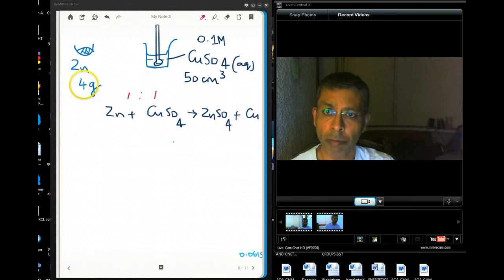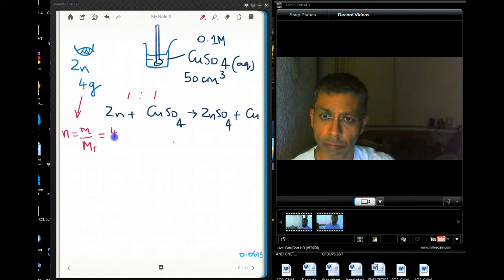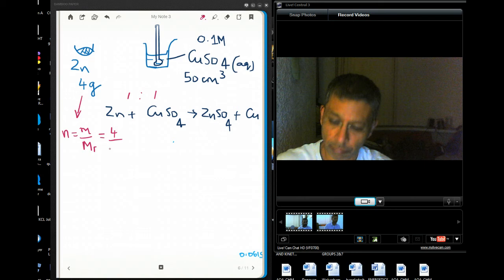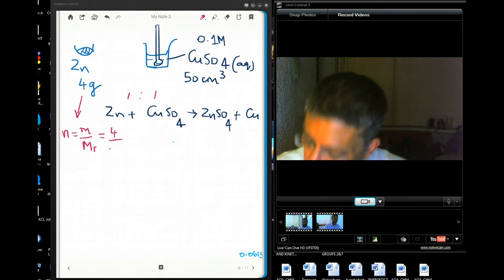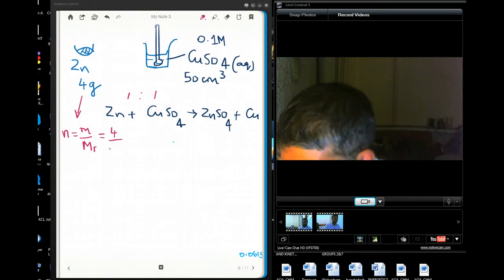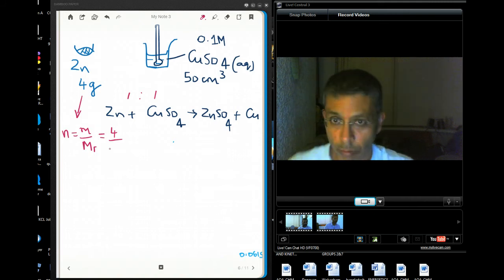As before, I'm just going to calculate the moles of the zinc, using this time n equals mass over the molar mass. So 4 grams divided by the molar mass of zinc, 65.4.